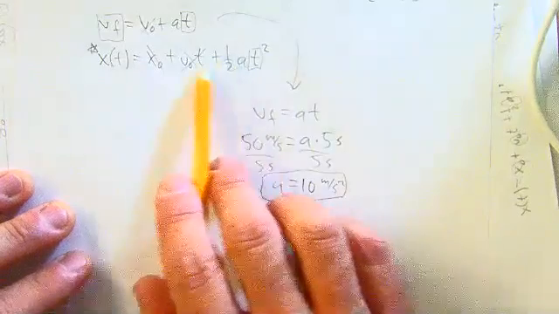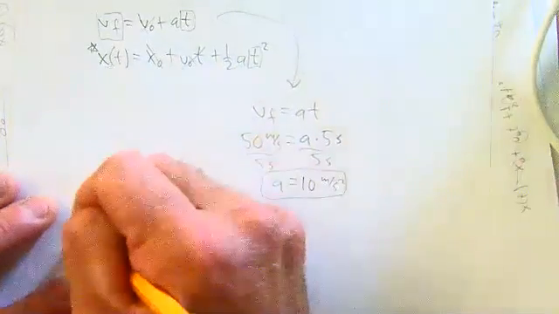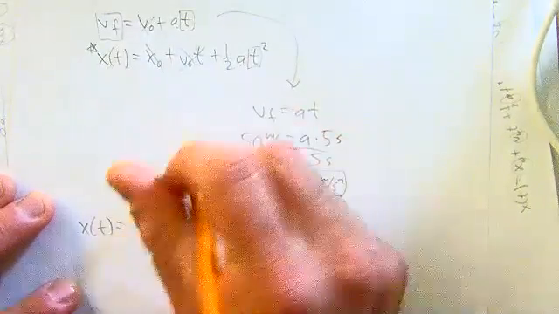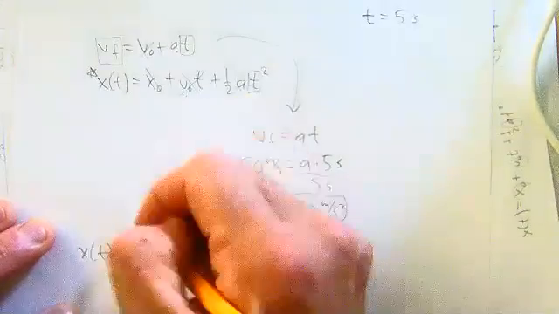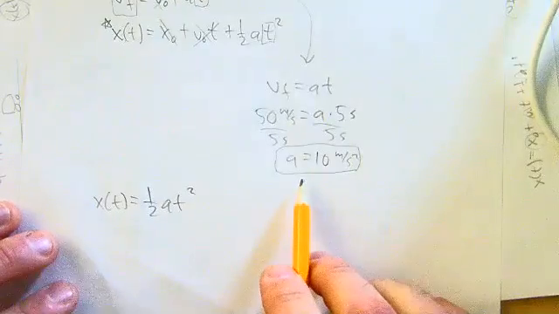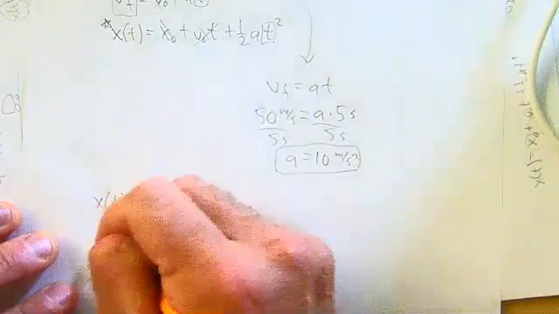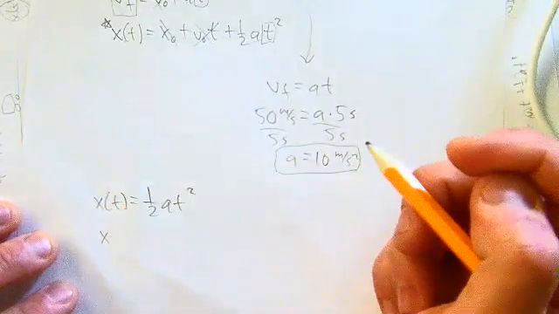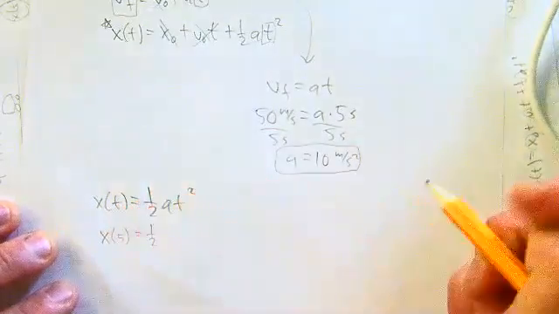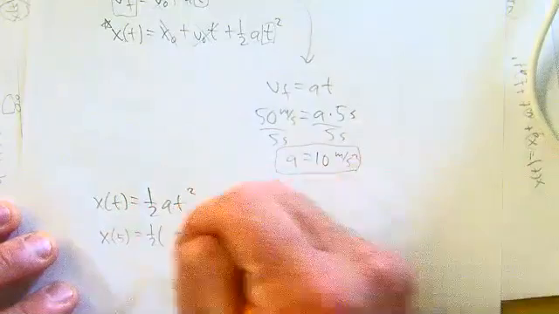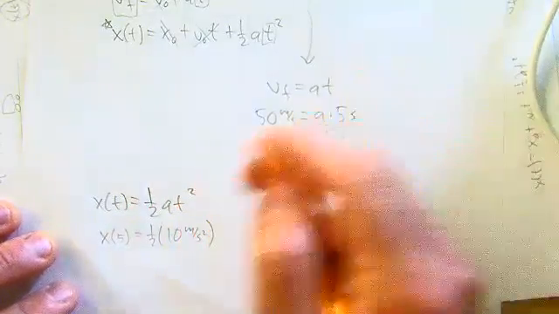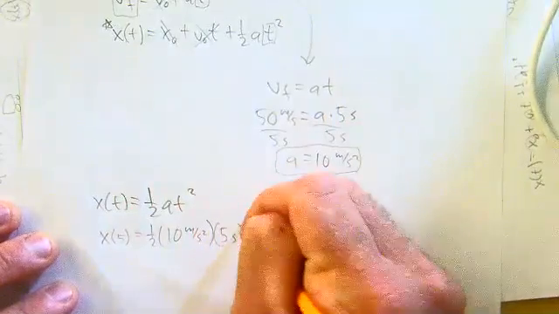So if you look here, we have everything we need to find x of t. This is gone, it's going to just be 1/2 AT squared. So we're really doing, at time 5, you could say x of 5, 1/2 times 10 meters per second squared times the time, which was 5 seconds squared.